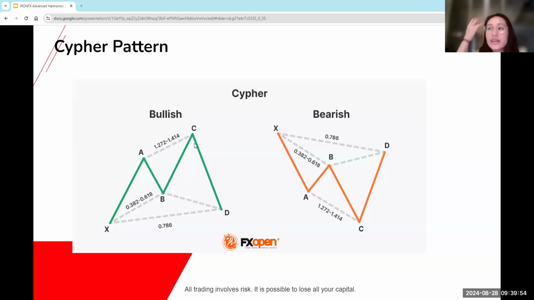Your CD leg retraces from your BC leg, ending at a level between 78.6 and 100 of your XC leg. So for this level, you would connect your X to your C level in order to determine whether your D is part of the Cypher pattern.